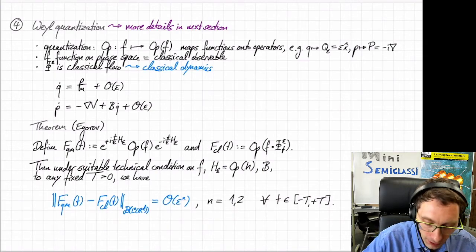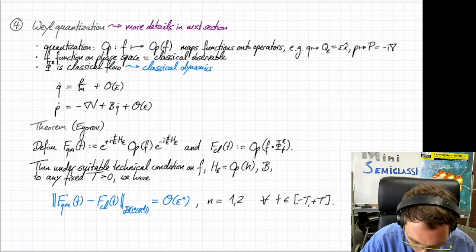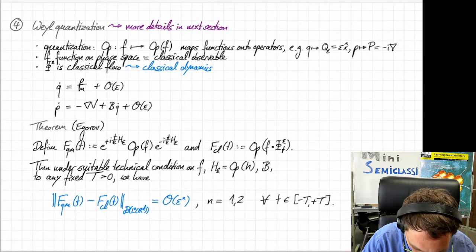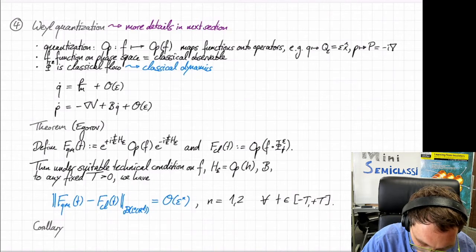And what is nice is that you immediately get a corollary, and that is a semi-classical limit for states.